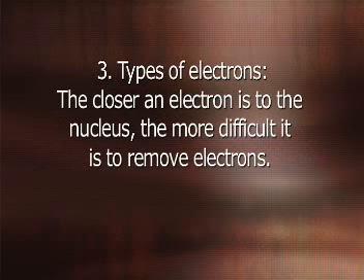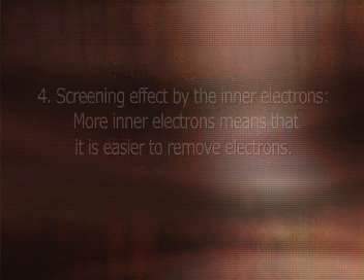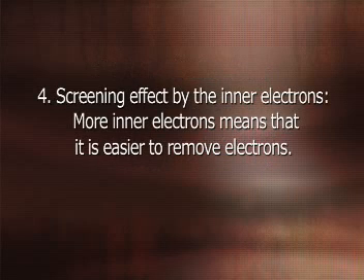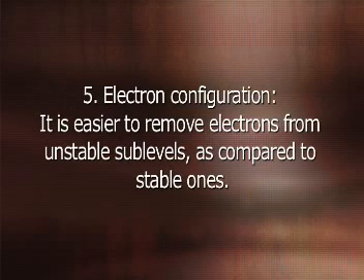The closer an electron is to the nucleus, the more difficult it is to remove the electron. The more inner electrons there are in an atom, the easier it is to remove electrons. Finally, it is easier to remove electrons from unstable sublevels rather than those that are stable.